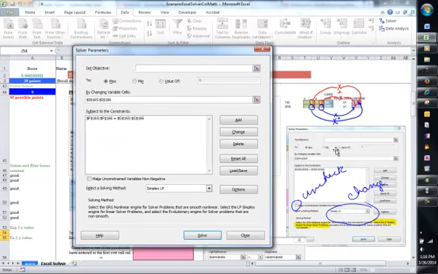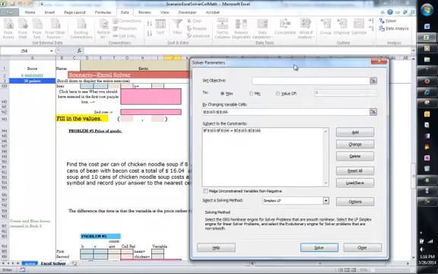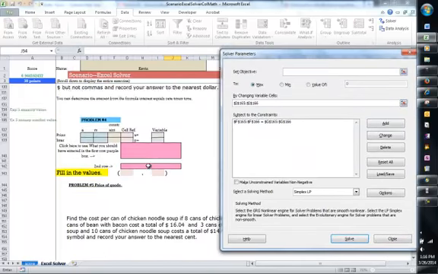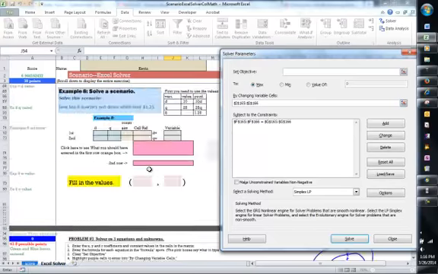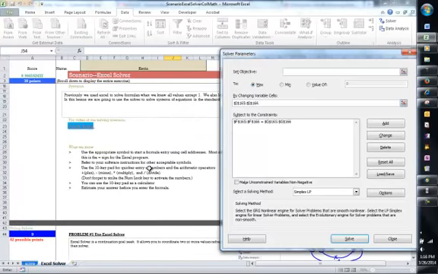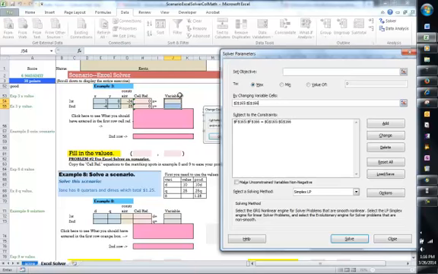If you notice, we leave this first row blank. We don't need to worry about that second thing, but we're going to change the variables. Our variables are these two cells.